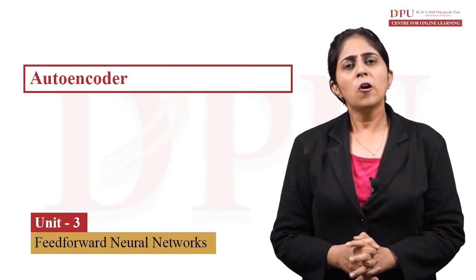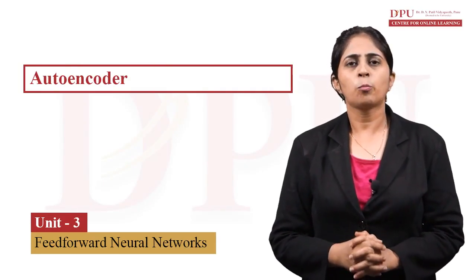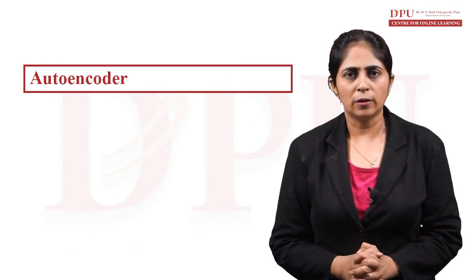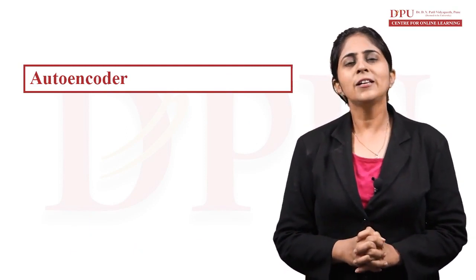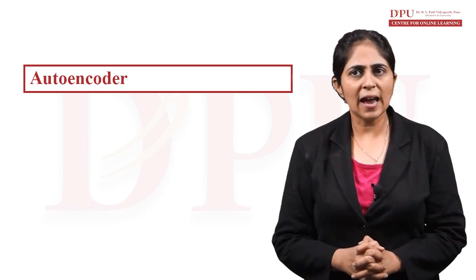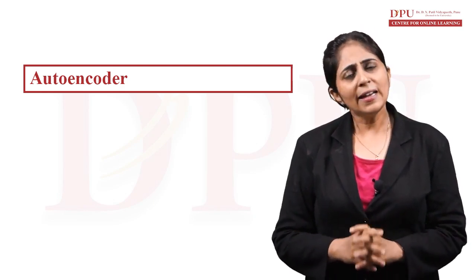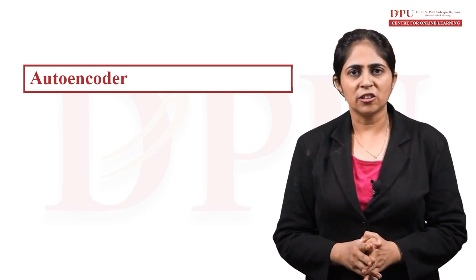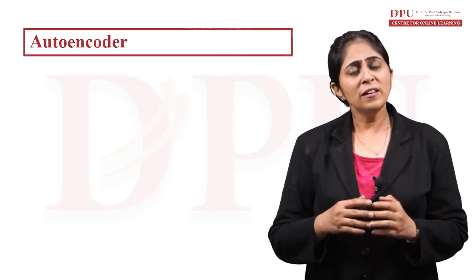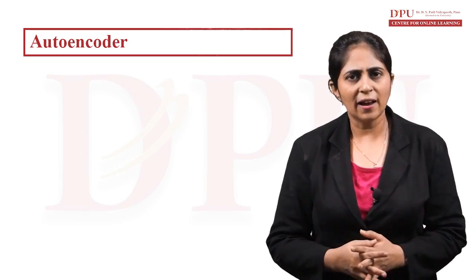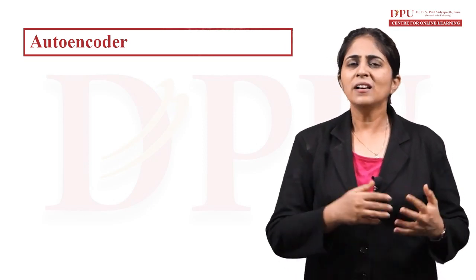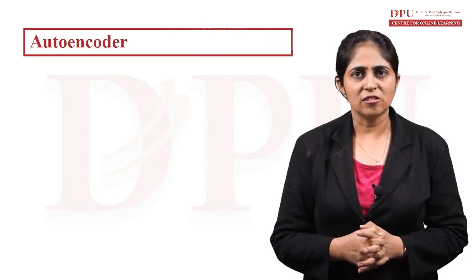Autoencoders are a very important part of our neural networks. What do these autoencoders do? They are used to reduce the size of our inputs into a smaller representation. We receive so many images and so much data as input via these machine learning applications.